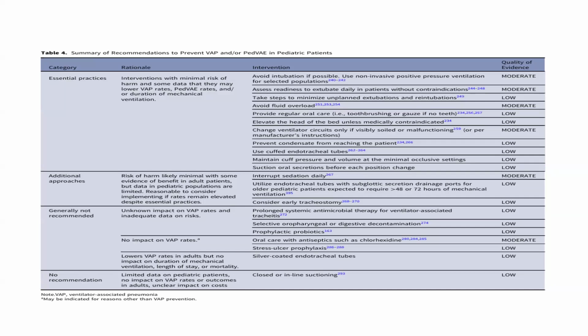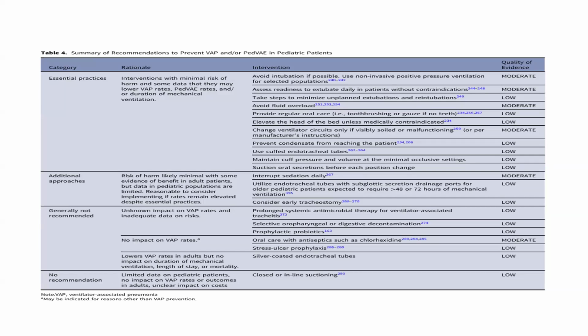The next preventive strategy is to take steps to minimize unplanned extubation and reintubation. What I want to say is follow the proper protocols for extubation so that we can avoid reintubation and the possibility of infection. Then the next strategy is to avoid fluid overload.